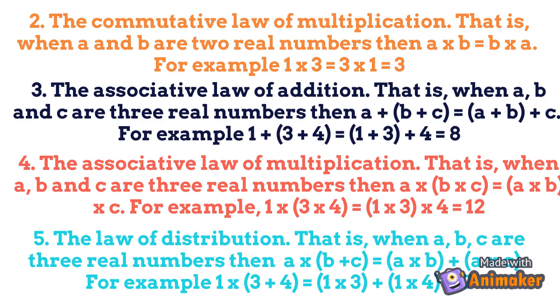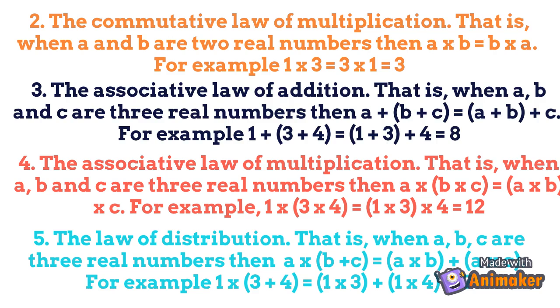The next one is the associative law of multiplication, which is the same as addition. A into (b into c) equals (a into b) into c, the result would be the same, and the example is given here. Then the next and last one is the law of distribution. In the law of distribution, a, b, and c are real numbers.